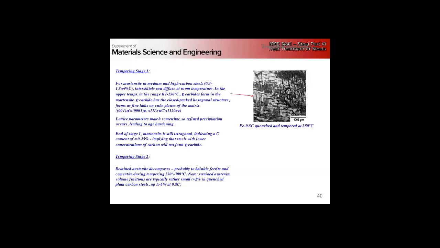So that's stage 2. In the first stage, we grow epsilon carbide, but we're still tetragonal. In stage 2, we go from tetragonal to BCC.